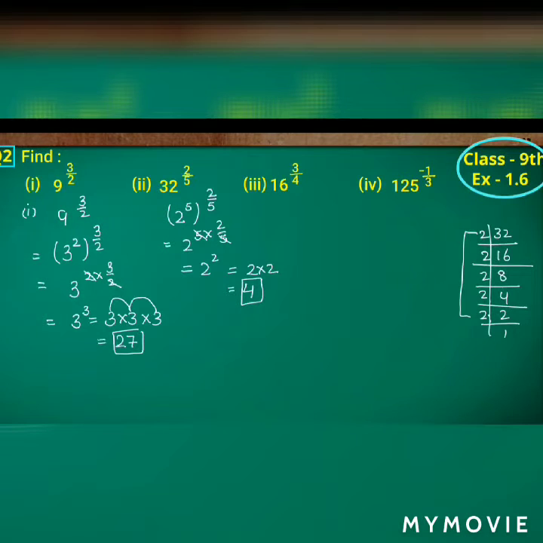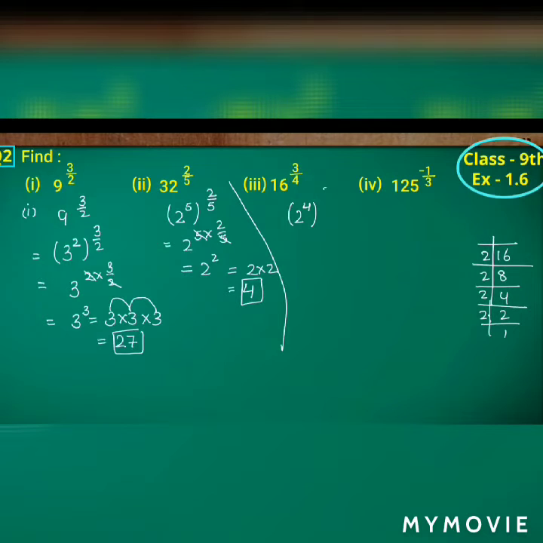And the next one is 16 whole power 3 by 4. Again 16 can be taken as 2 power 4, isn't it? So the exponent form of 16 is 2 power 4 in terms of 2. 2 2s are 4, 4 2s are 8, 8 2s are 16. So 16 can be taken as (2 power 4) whole power 3 by 4. The power will be as it is here.